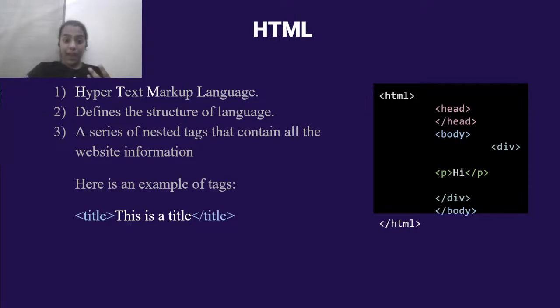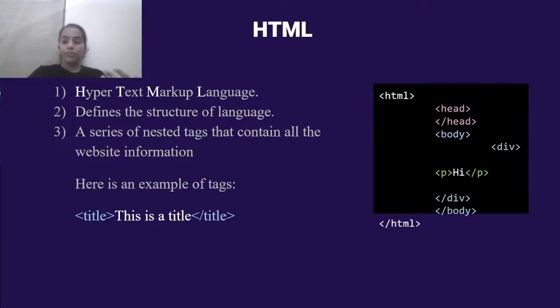It is a markup language, which means its purpose is to give structure to the content of the website and not to define an algorithm. It is a series of nested tags, a subset of XML, that contains all the website information, be it text, images, and videos.